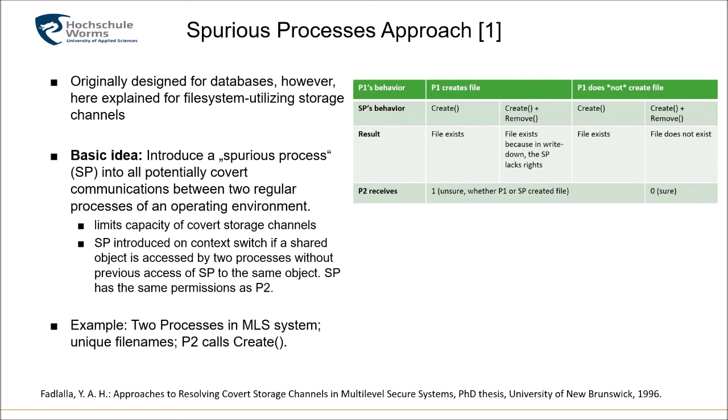So let's have a look at the table here on the right side. P1's behavior is on the left side. In the middle we see that P1 creates the file or does not create the file. And so let's assume it signals a hidden 0 bit when the file is created and a hidden 1 bit if the file is not created.